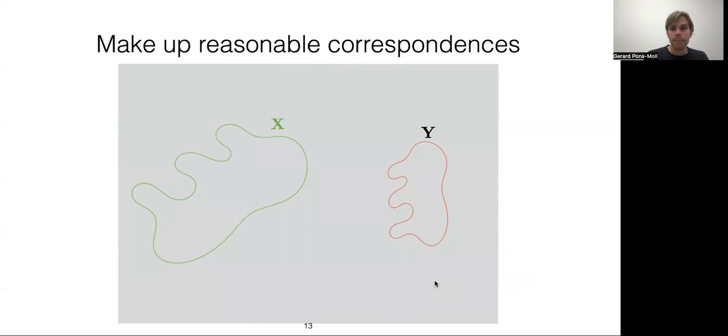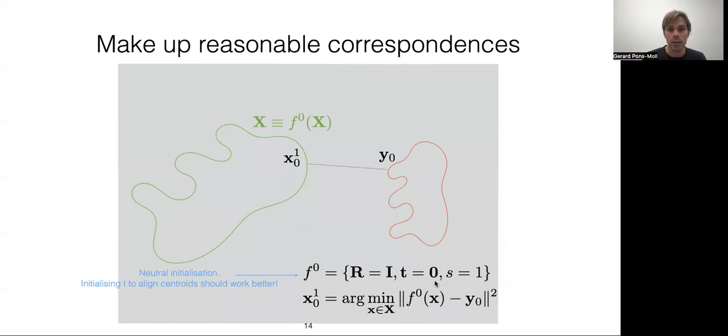So here, to show you an illustration of how this would work, you would start with some transformation, right? For example, the identity, and you basically start with t equals 0 and scale equals 1. Here, the F is essentially a rigid transformation for this example. And then you would find, for every target point, the closest point in the source.